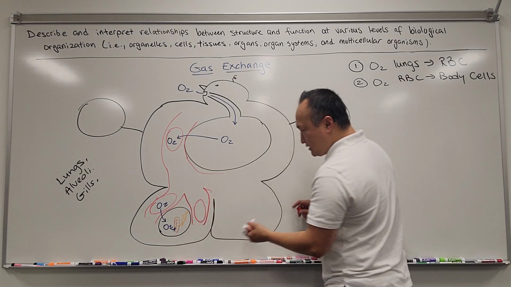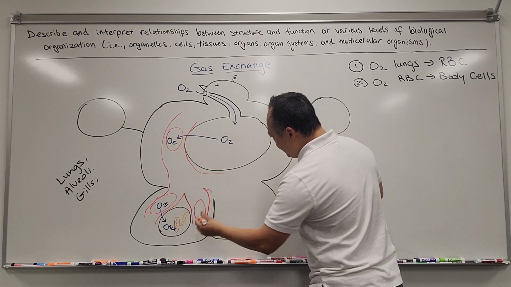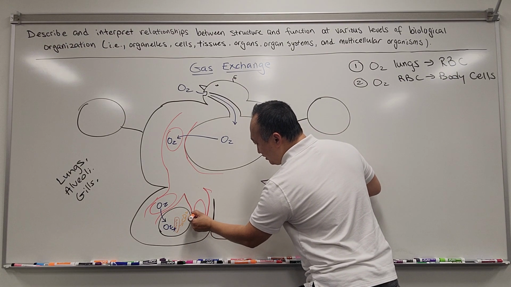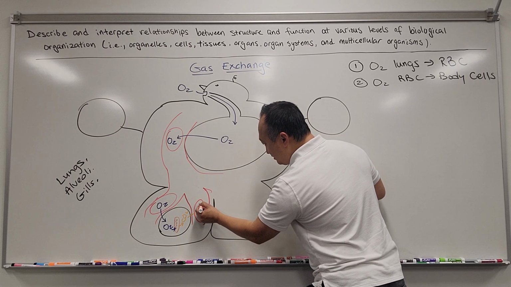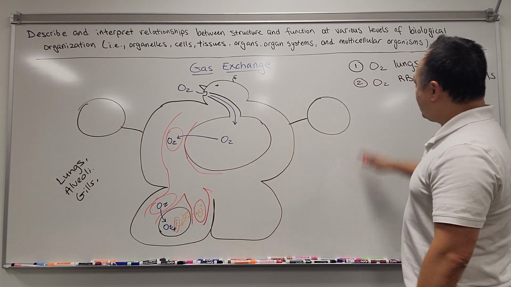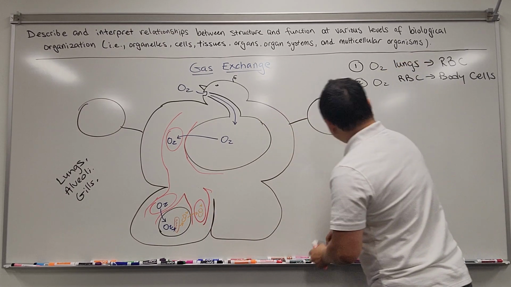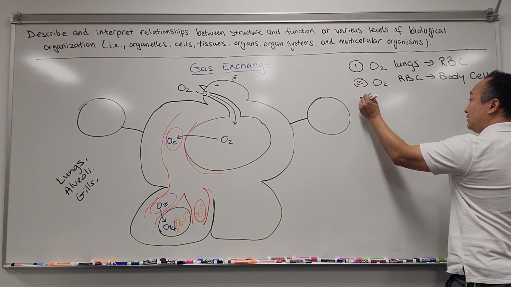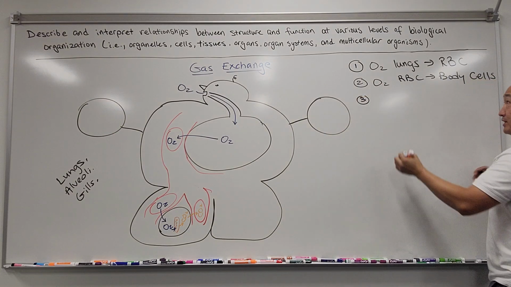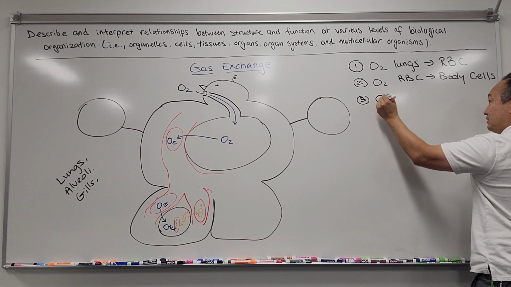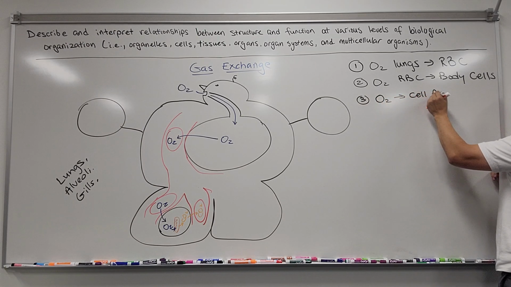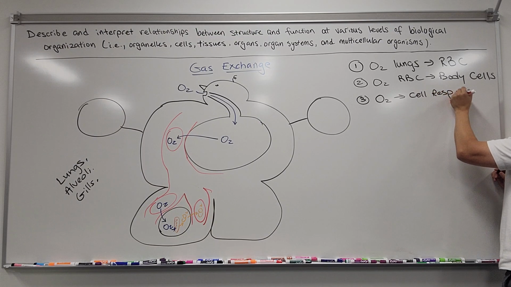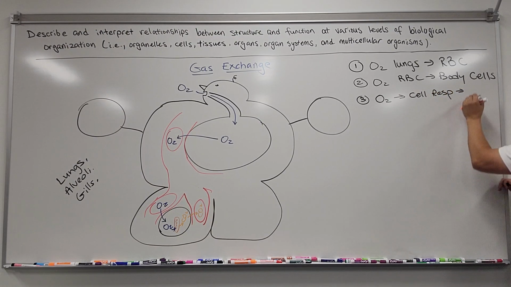So here's another red blood cell, and that carbon dioxide is just going to go right from that body cell into the red blood cell. So let's say step 3. Cellular respiration is going to use oxygen and it's going to produce carbon dioxide as waste.